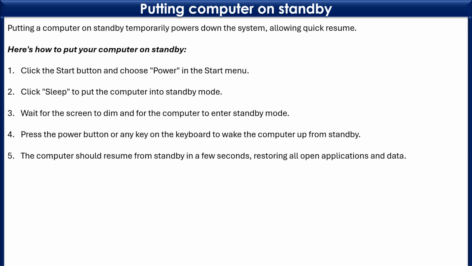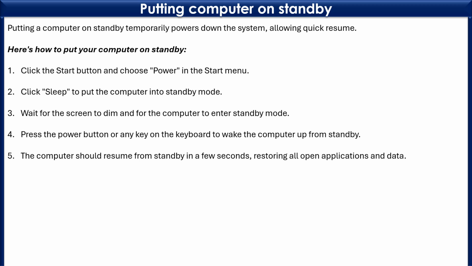Like we have already mentioned, being able to put your computer on standby makes you a competent computer user. Here we have an example of the steps you can take to put your computer on standby.